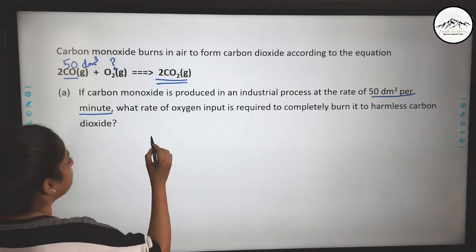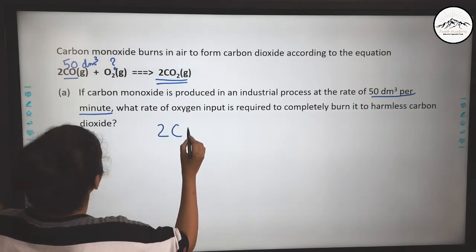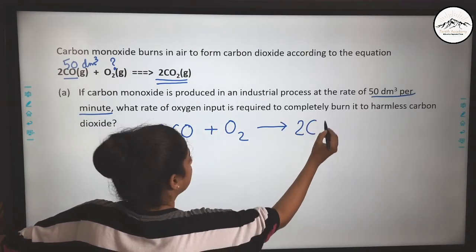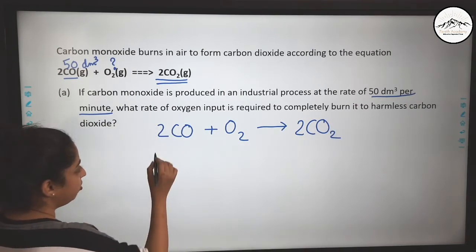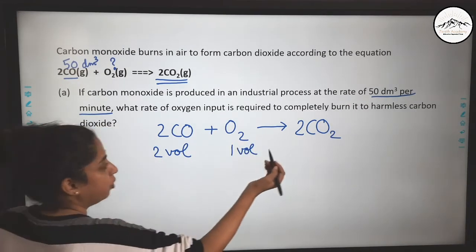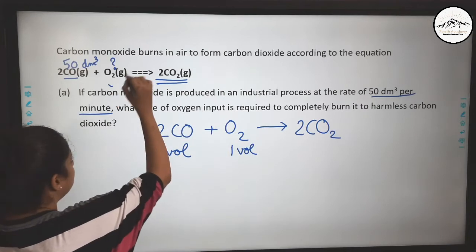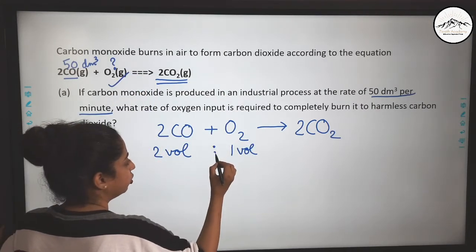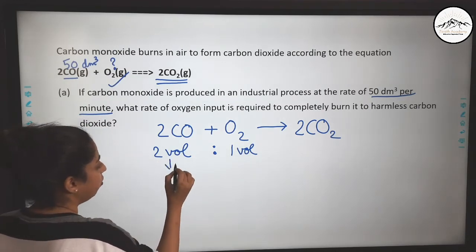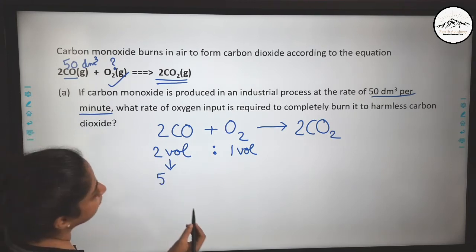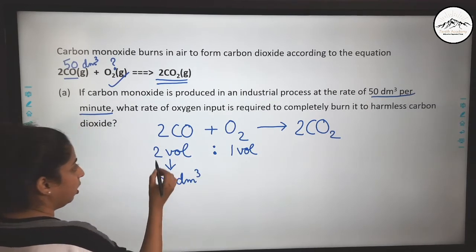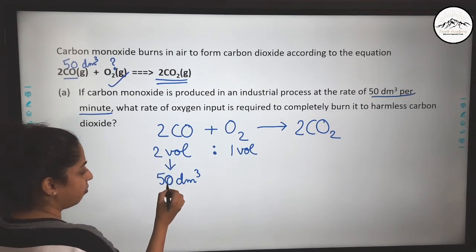So according to Gay-Lussac's law, first I will write the equation. 2 carbon monoxide plus oxygen gives 2 carbon dioxide. According to Gay-Lussac's law, it is 2 volumes reacting with 1 volume. We don't have to bother about carbon dioxide because they have asked only this, so we will talk about only these two ratios. Since the value of 2 volumes is given as 50 decimeter cube, 2 volumes of carbon monoxide is 50 decimeter cube.